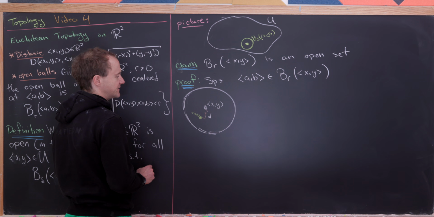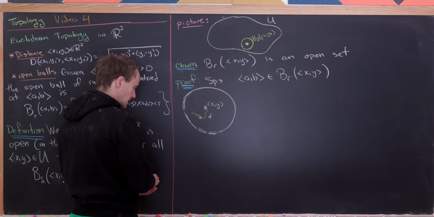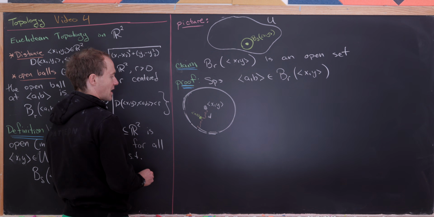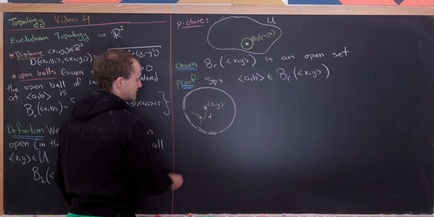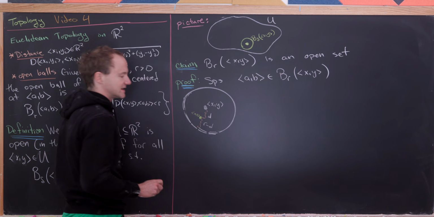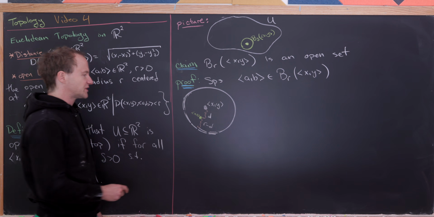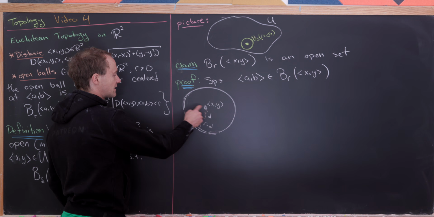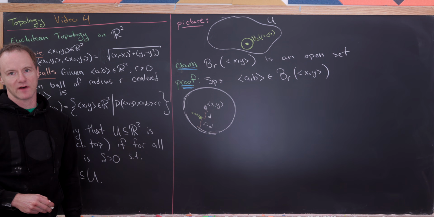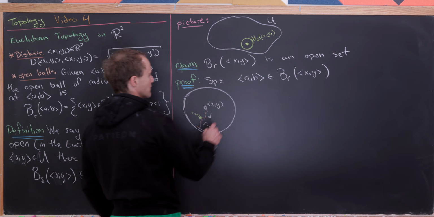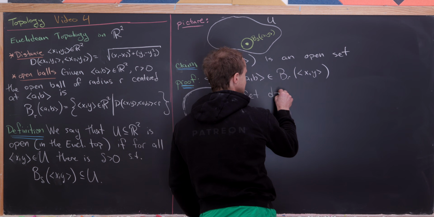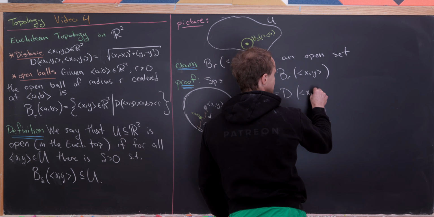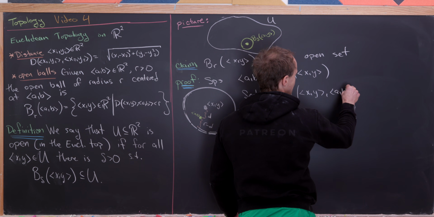And the remaining part, the distance from our point ⟨a, b⟩ to the boundary, is pretty obviously r minus d. If we take a circle of radius r minus d, then it's pretty clearly going to be contained inside of our open ball. That's going to be our motivation here. So let's set d equal to the distance between those 2 points, from ⟨x, y⟩ to ⟨a, b⟩.